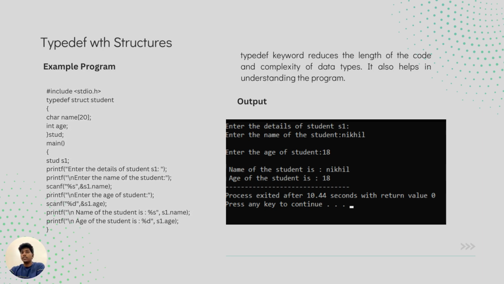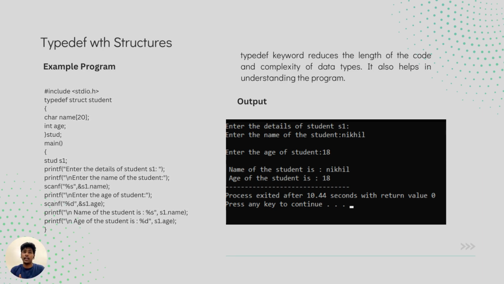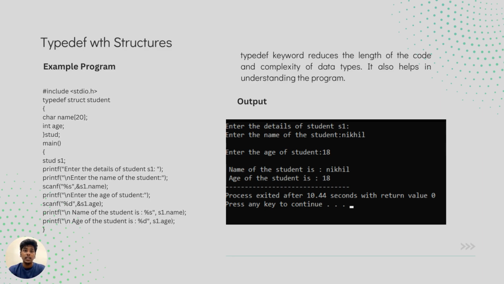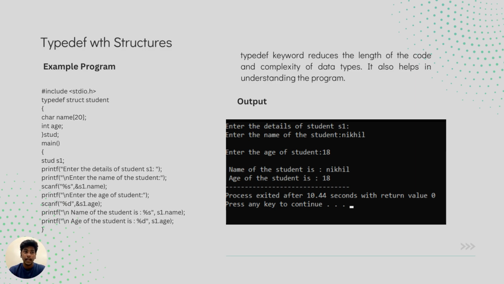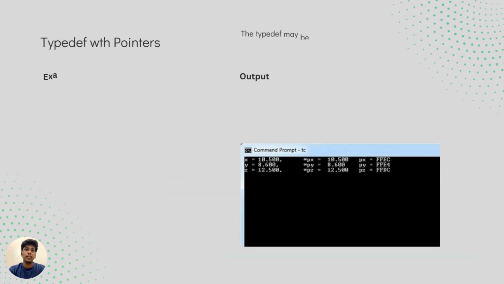The typedef keyword reduces the length of the code and the complexity of data types, and it also helps us in understanding the program easily. So here, stud is the typedef alias used, and the original predefined data type is struct.